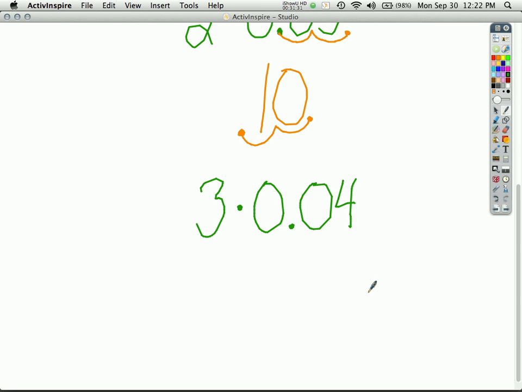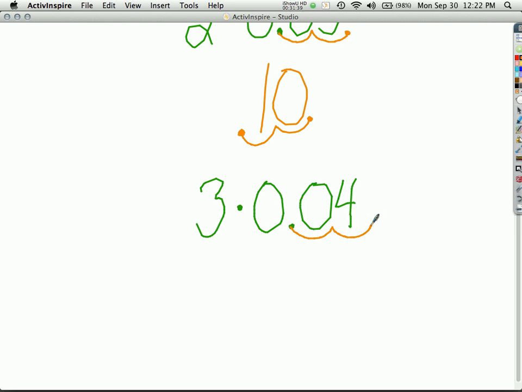Well, you should immediately be saying, oh, 3 times 4 is 12. But then there's 2 decimal places. So basically I took the decimal and moved it over 2 decimal places in that direction for a moment. Then I did 3 times 4 and got 12. Now put the decimal places back, 1, 2, in that direction. So all we're doing is moving the decimal back and then forth.